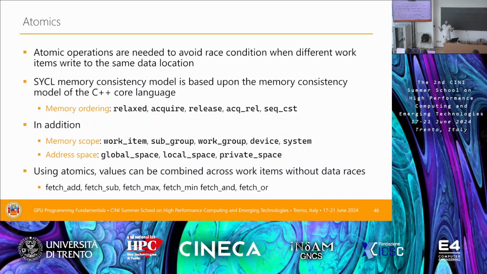When you write an atomic, you need to define what memory ordering you are using, the scope, if your atomic is within the subgroup or within the workgroup or for the whole device, for instance, and the address space, if you're working on global memory or local memory, okay?